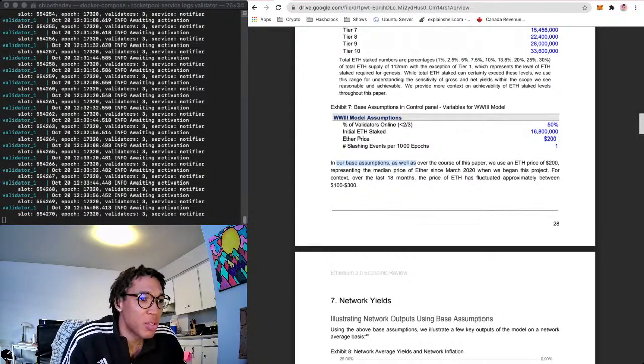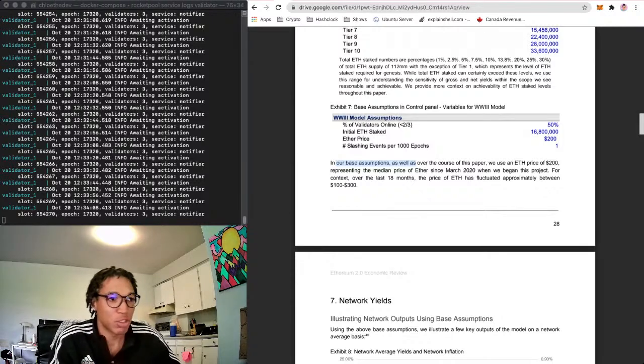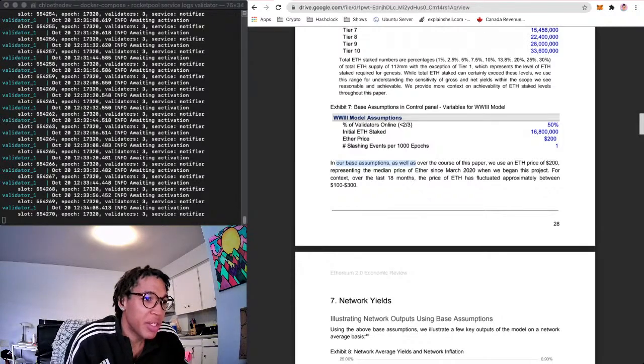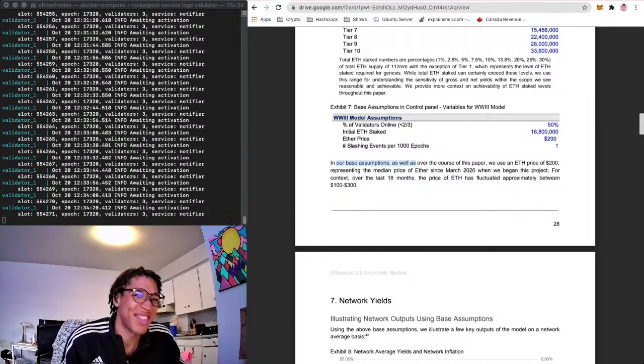In our base assumptions, as well as over the course of this paper, we use the ETH price of $200, representing the median price of ETH since March 2020, when we began this project. For context, over the last 18 months, the price of ETH has fluctuated approximately between $100 and $100.